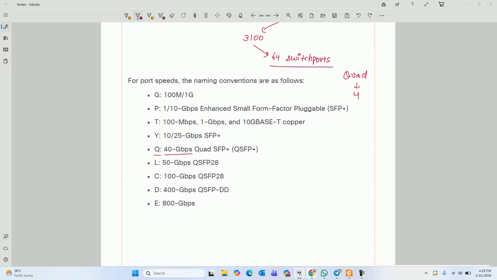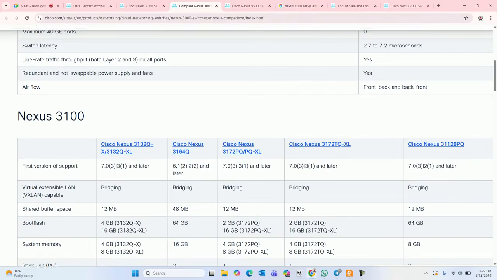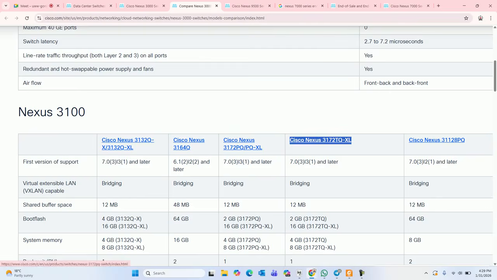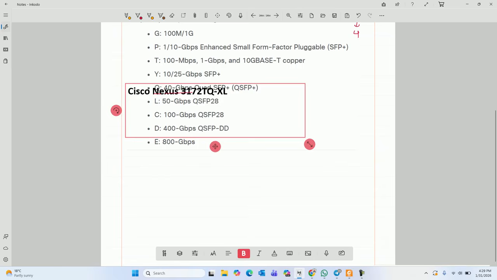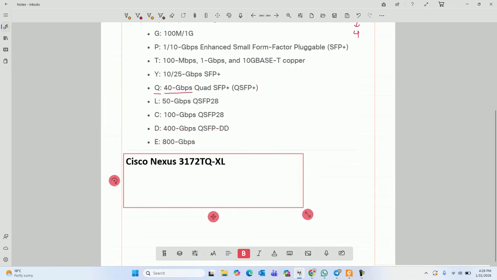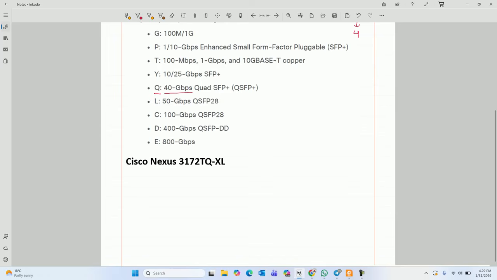Okay, let's take an example of another switch. This switch belongs to the 3100 series. It has 72 switch ports. After this, you see T. T means 100 Mbps, 1 Gbps, or 10 Gbps.